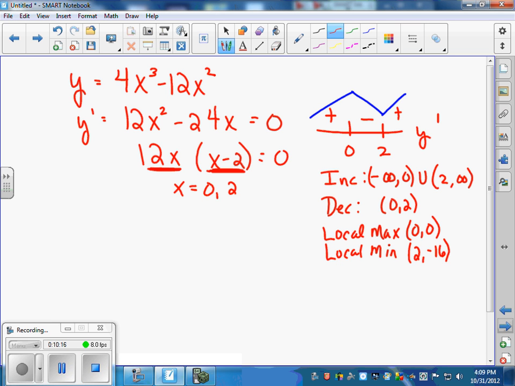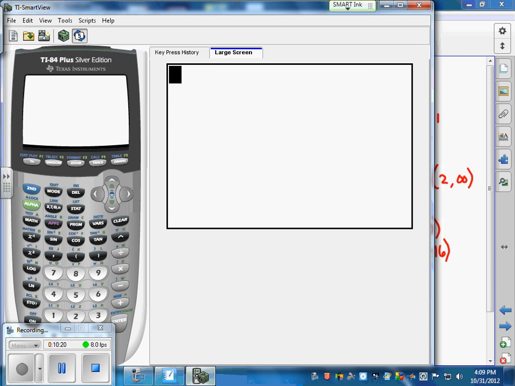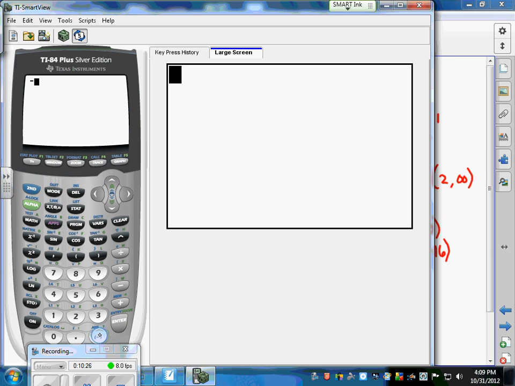Now, I just want to point something out real quick. A quick way to do this, when you're substituting those in, use your calculator and store those values. So what I'm going to want to do is take 2 and store that as x, since that's the number I'm substituting in. Push enter.